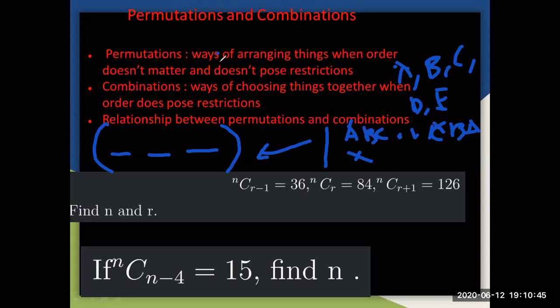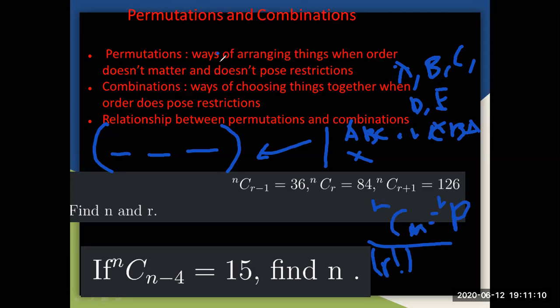So you can see that the difference between the formula of permutation and combination is just that there's an r factorial on the bottom, and the rest is similar.